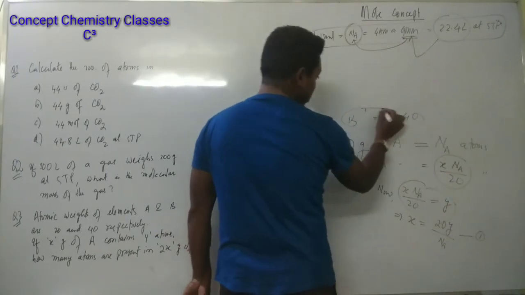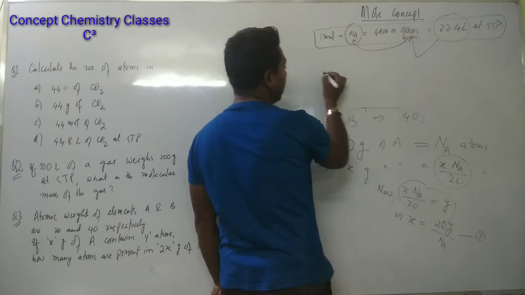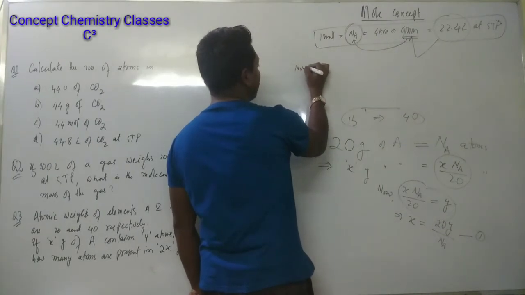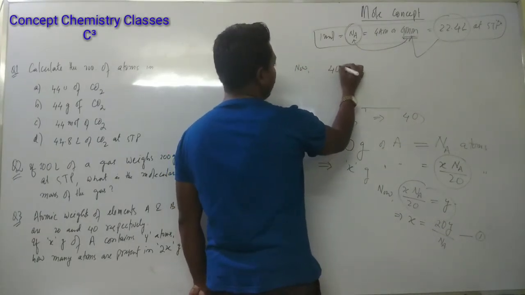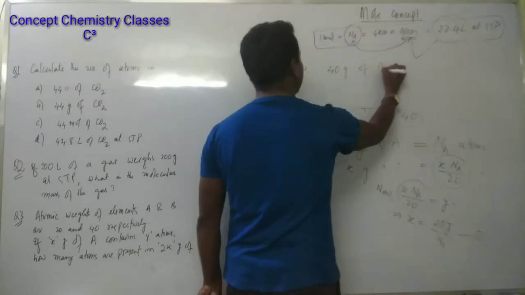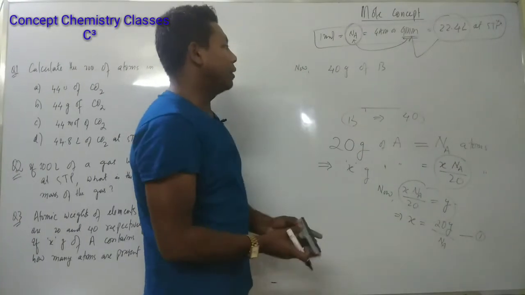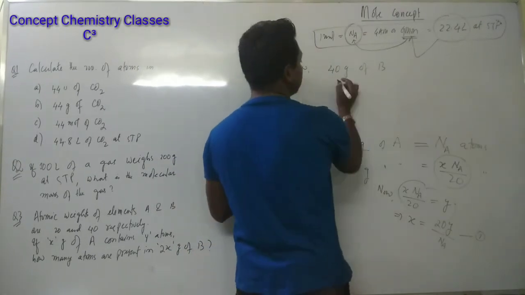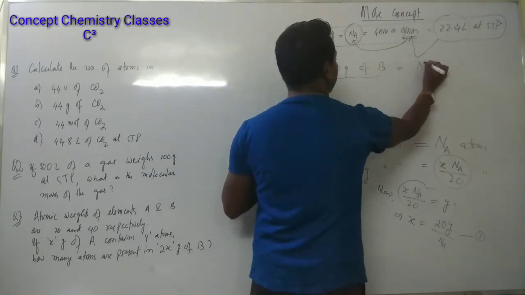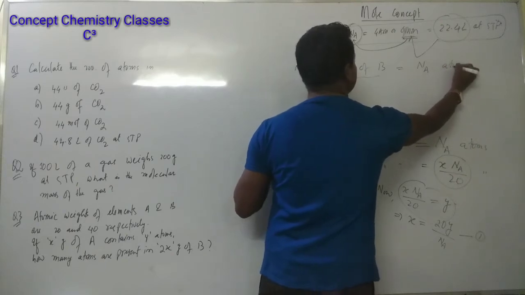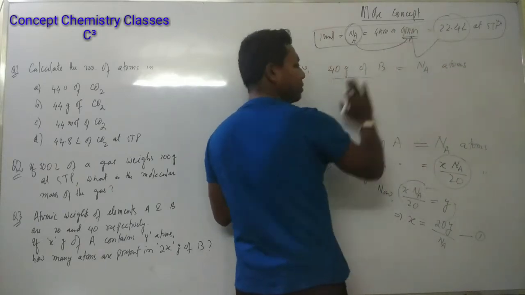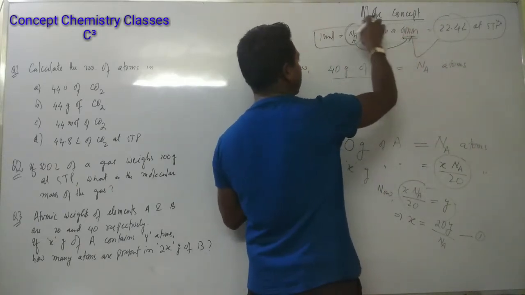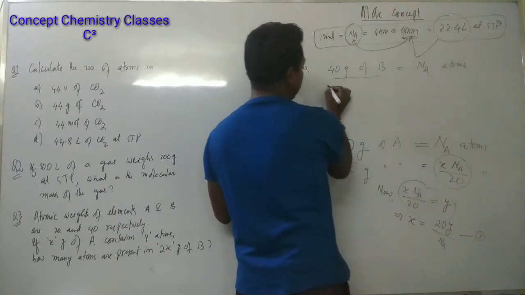Now from the atomic mass of B, which is 40, we can proceed: 40 gram of B, which is the gram atomic mass of B, contains how many atoms? Since this is the gram atomic mass, Na atoms. Same definition, gram atomic mass, Na atoms.